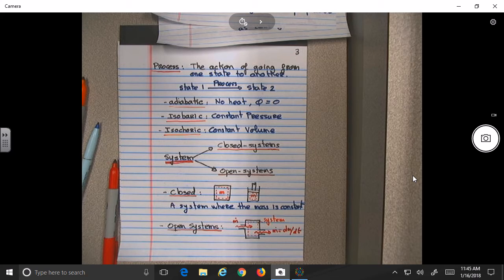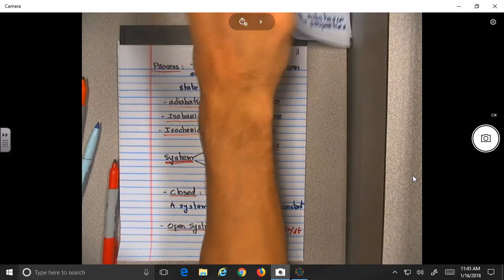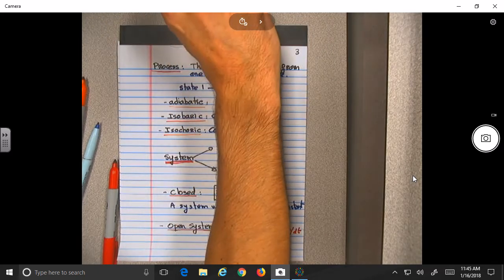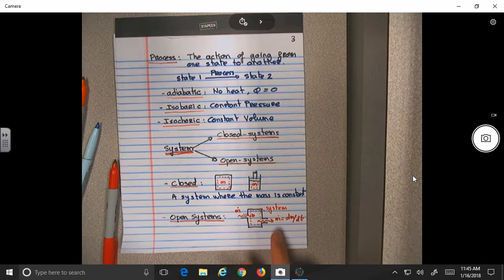Yeah? And this is the type of system you study all the time in fluids, because in order for that to happen, what do you need to have? A fluid system that goes through the system, no?